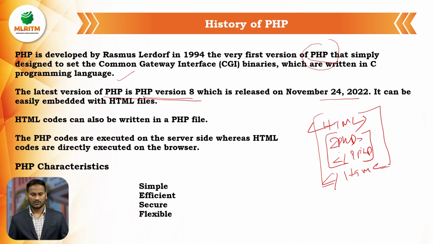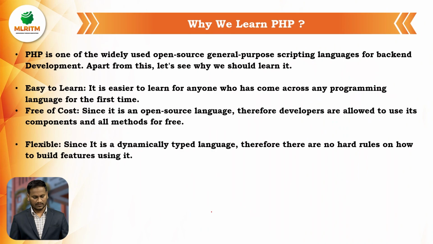So what are the characteristics of PHP? It is simple, efficient, secure, flexible. We can use it anywhere. PHP is one of the widely used open source general purpose scripting languages for backend development. Let us see why we should learn it.